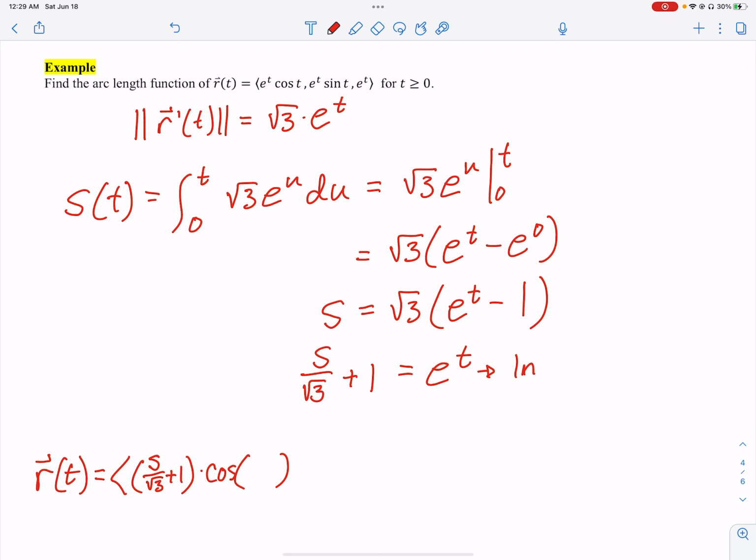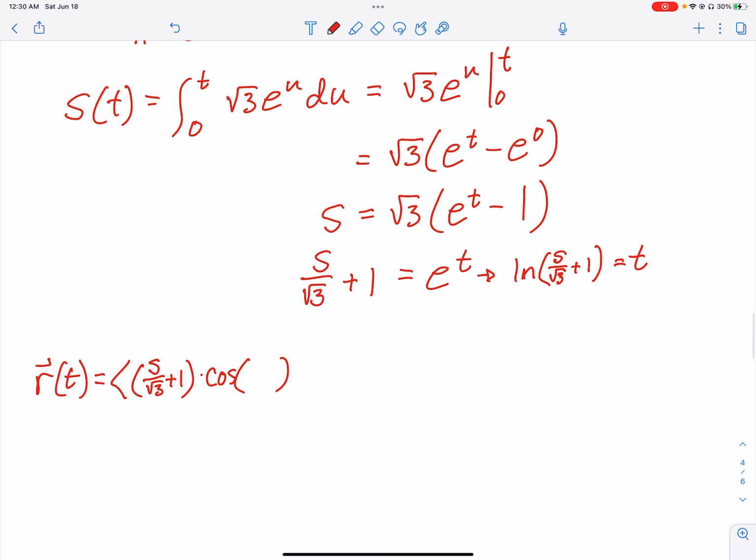So I get ln of s over square root of 3 plus 1 equals t. I feel like I made an arithmetic mistake somewhere. Nope. Okay, so we're good. All right, so that is what t is.